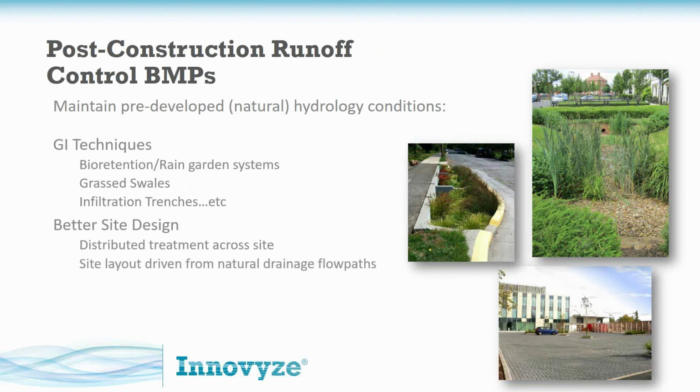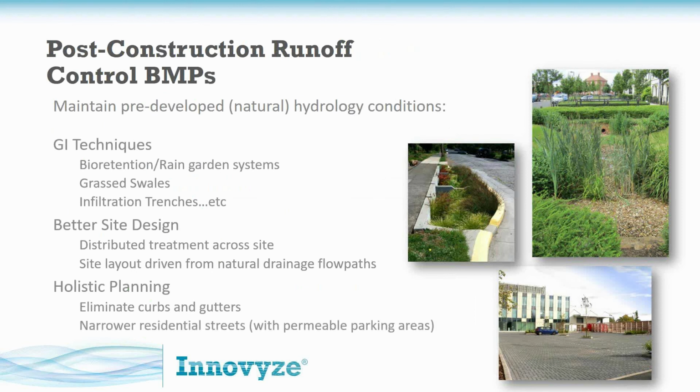Also, maintain a site layout that really mimics and follows what the natural drainage paths were. A lot of reasons for that. And also this holistic planning point of view. We can maybe get away from curb and gutter and let water sheet off of some areas and get back into the ground. Maybe narrow residential streets. Roadways are often the most impervious coverage, right?